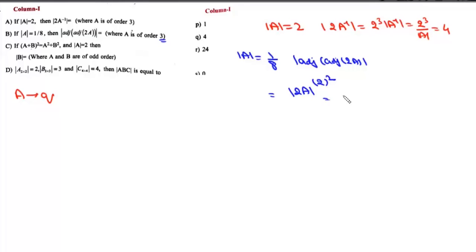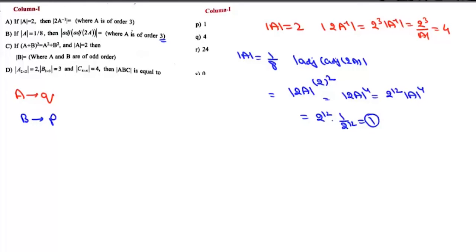Now determinant of kA is k to the power n into determinant of A, so it will be 2 cube, and there will be 2 to the power 12 into determinant of A to the power 4. Now this is 2 to the power 12 and determinant of A is 1 by 8, so it will be 1 upon 2 to the power 12, and which is 1. So basically this B matches with B.